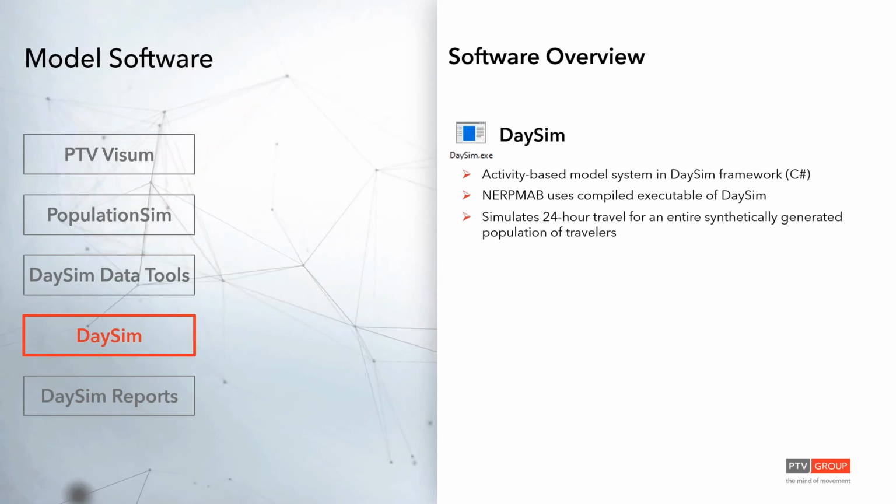So there is a CTRAMP family of ABMs, there is ActivitySim family of ABMs, and Dsm is another popular framework for developing activity-based models. And NERPMAB uses Dsm framework for activity-based model.